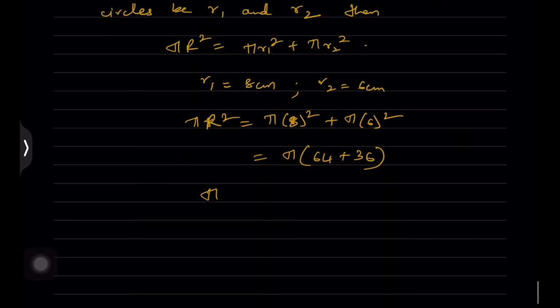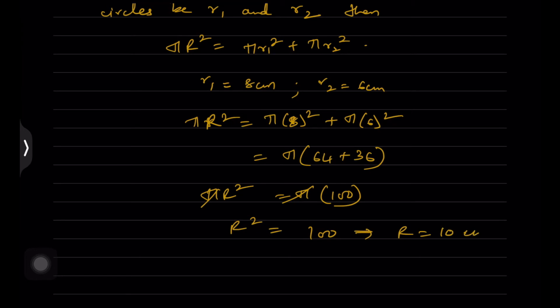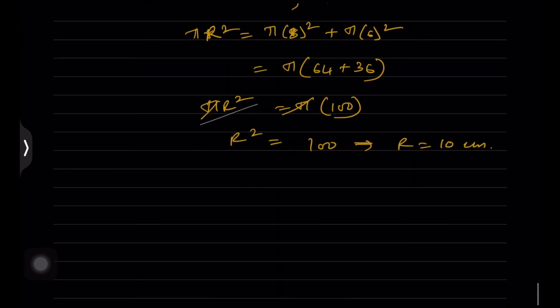So pi capital R square is equal to pi into 100. Pi gets cancelled, so R square is equal to 100, which implies that capital R is equal to 10 centimeters. So the radius of the circle is 10 centimeters.